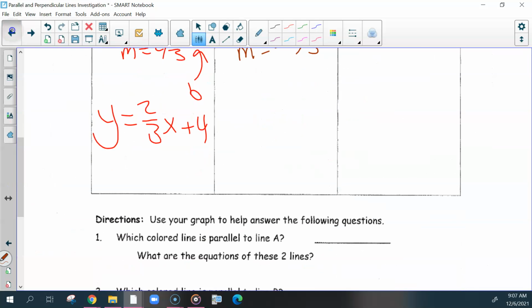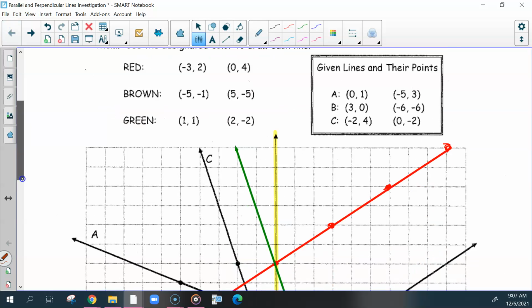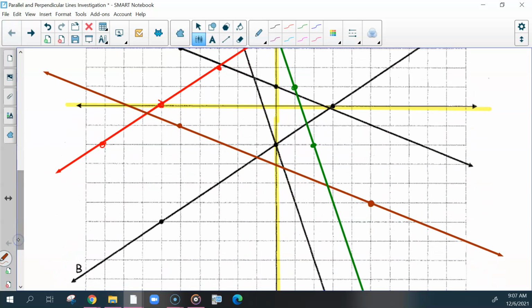I could, instead of doing my point slope, go back to my graph and count up to the left side as many times as possible. And I should end up at my y-intercept instead of having to do that work. And then I could keep doing that, up 2, back 5. 1, 2, 1, 2, 3, 4, 5.